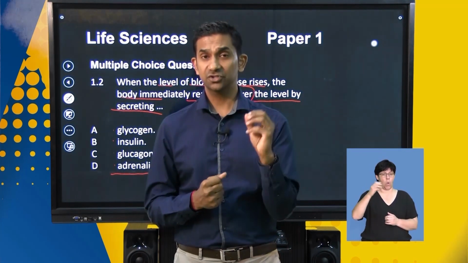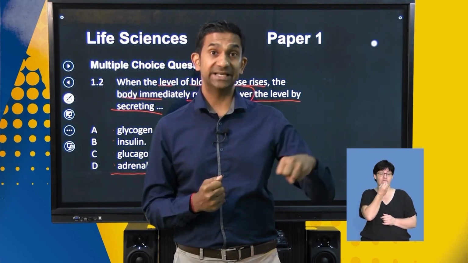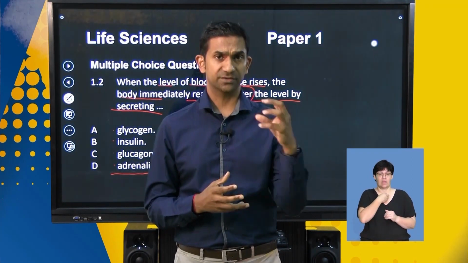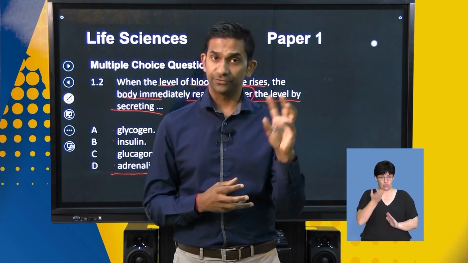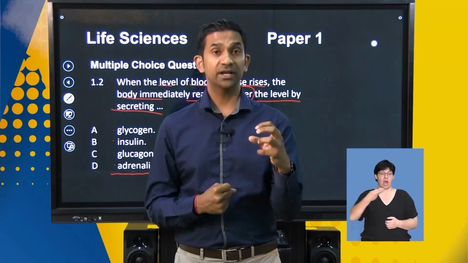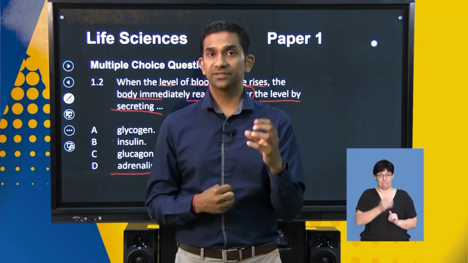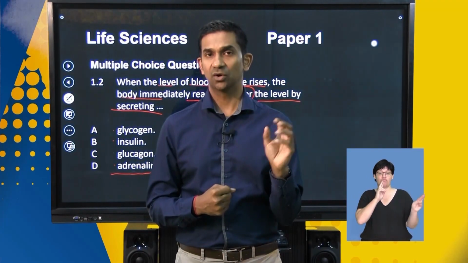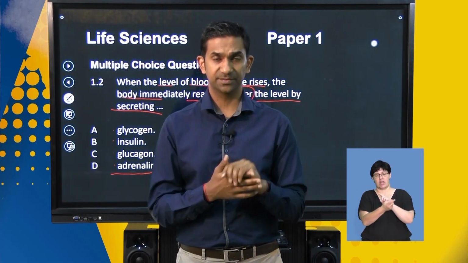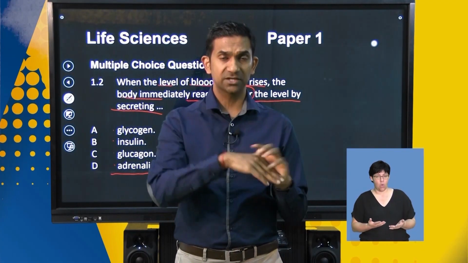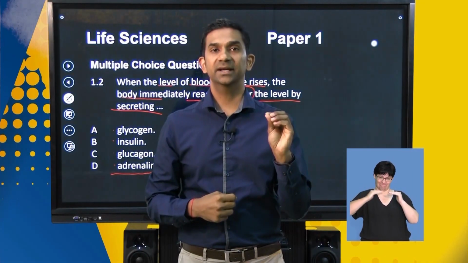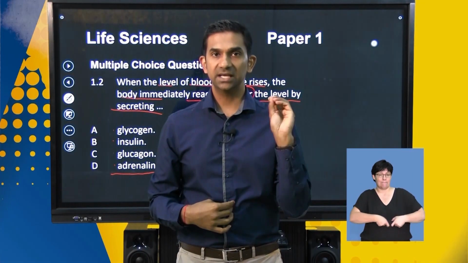We know that after consuming a meal, your blood sugar levels increase, and that's because of the process of digestion. The carbohydrates are broken down and the blood sugar levels increase. The body is going to respond to that change in blood sugar levels by trying to bring the levels back to normal. And it does that by the pancreas releasing a hormone.